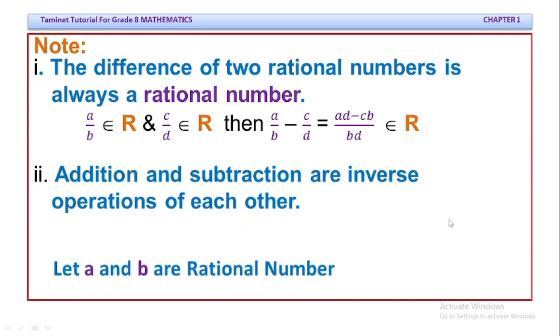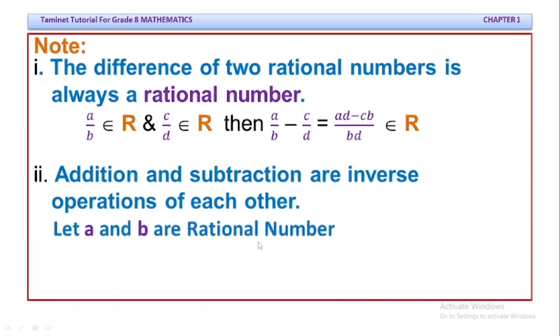We discussed before, as a and b are from the set of rational number, a plus b is equivalent to a minus of minus b, as addition is the inverse operation of subtraction, and also subtraction is the inverse operation of addition. So this expression is always true.